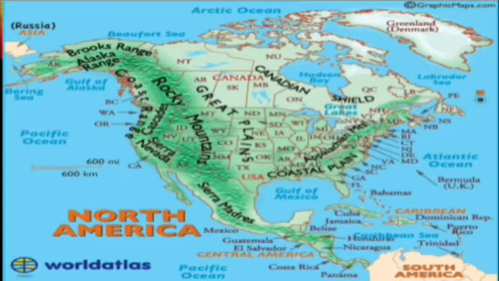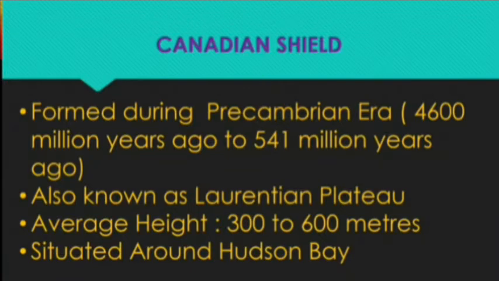In the whole western side across the continent, there is Western Cordillera in which various ranges are present. In the southeastern part, you can see Appalachian Mountain is there, so that is the portion which is known as Appalachian Mountains. So these are the four major physical features of North America. Now let us understand all the major physical features of North America in detail.